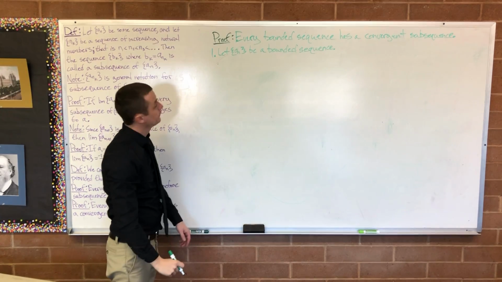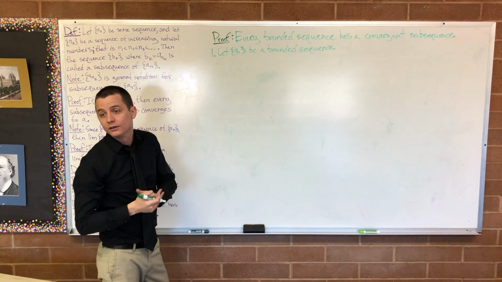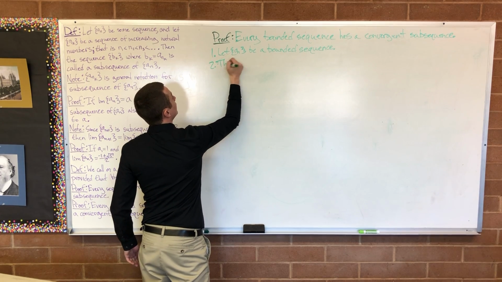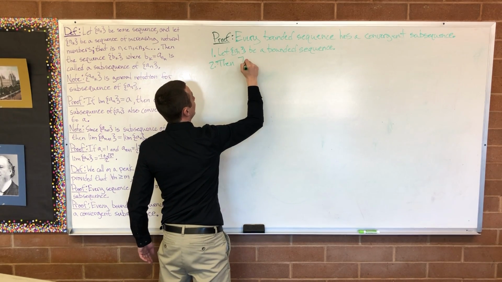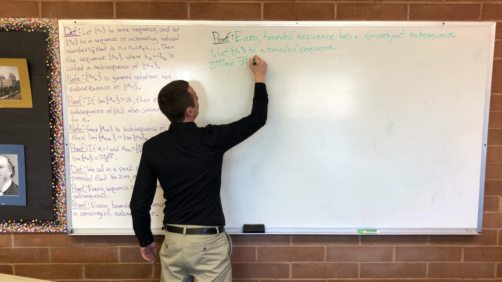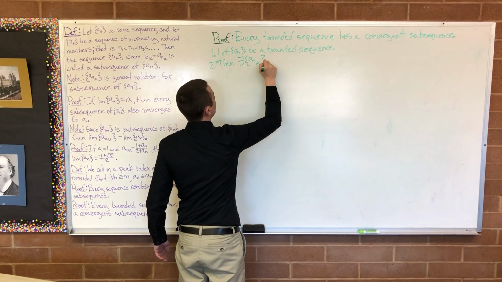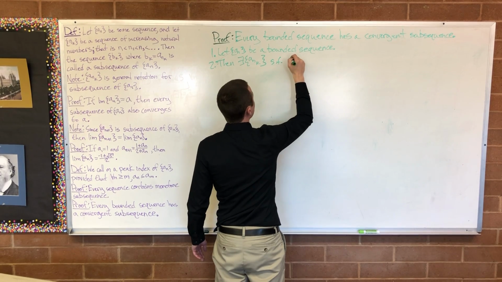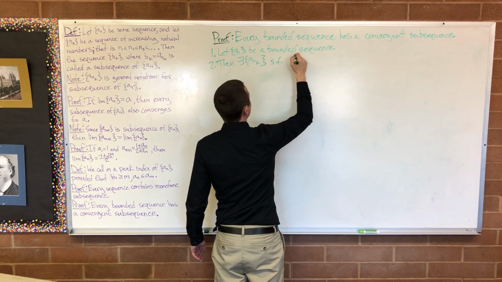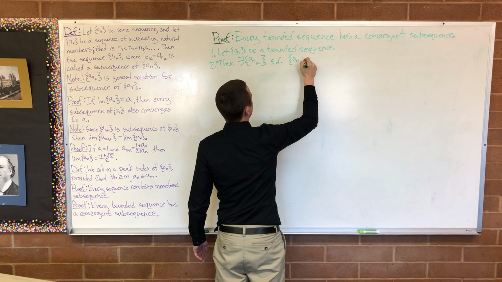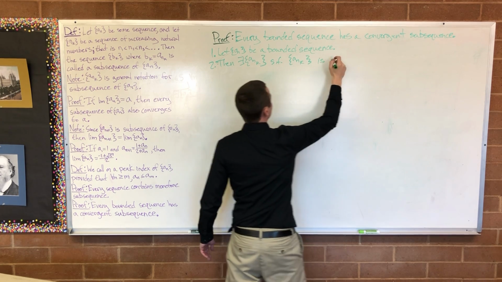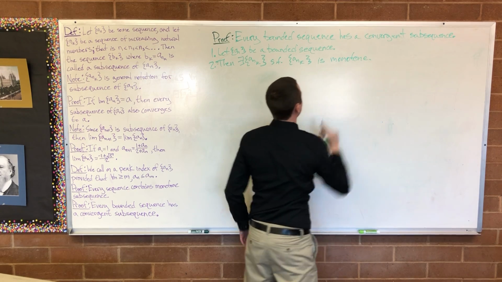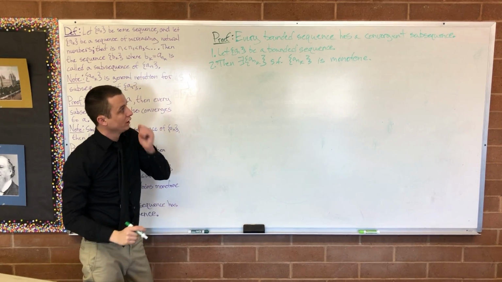And then, now what? Then a n has a monotone subsequence. Right. Then there exists a sub n sub k, some subsequence of that, such that a sub n sub k is monotone.